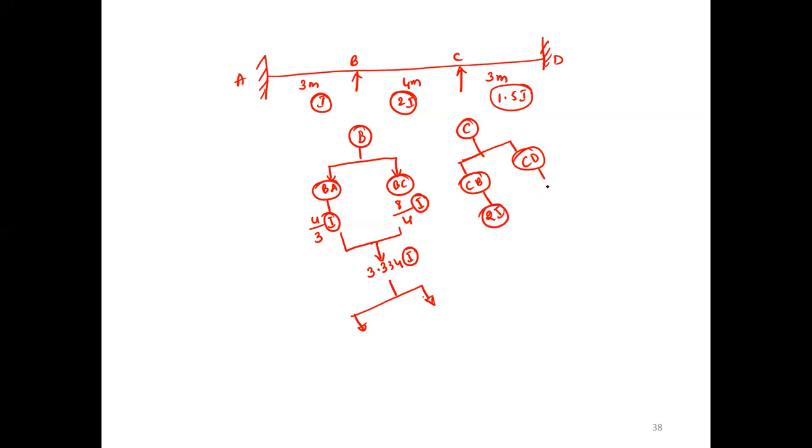So here 4EI, 4 into 1.5, 6 by 3. Here also I am getting 2I. If I do the summation, I am getting 4I. If I do K by sigma K, obviously 2 by 4 is 0.5, 0.5. Here how much? 0.4 and 0.6.